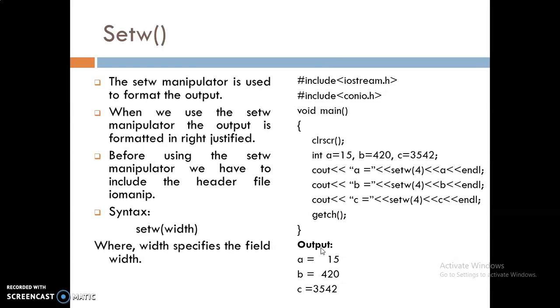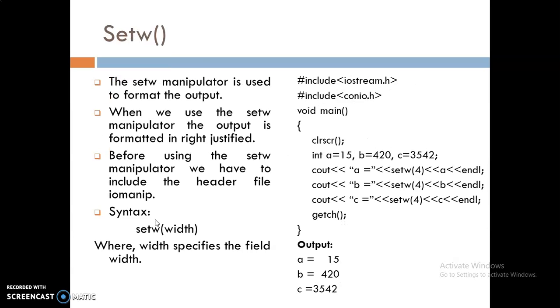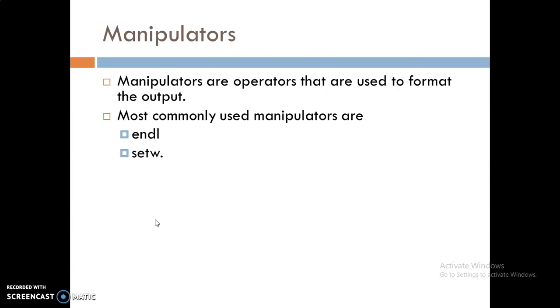It means if you are interested to add this manipulator in your program, it is compulsory for the user to add the header file iomanip.h, and this is the syntax where width specifies the field width. I hope it is clear to everyone how to use these manipulators, endl as well as setw. These all are part of manipulators.